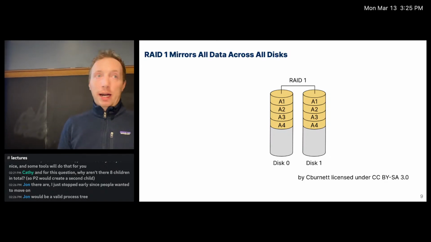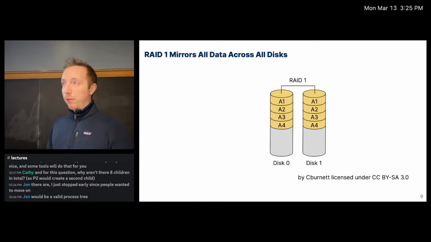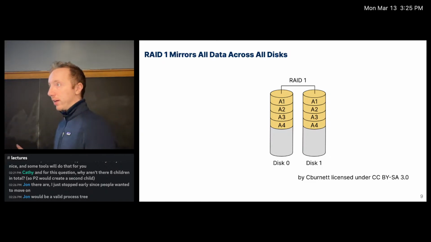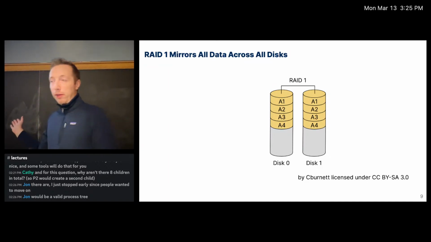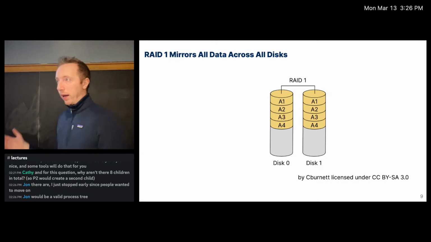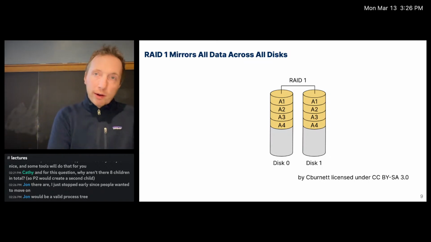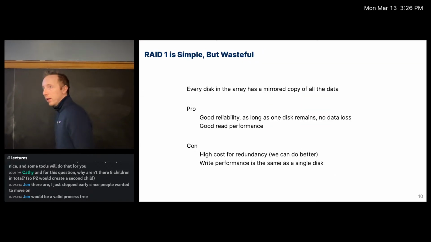But my write performance is the same as a single disk because if I need to write this file, well, I have to write it to every single disk. I could write it to every single disk in parallel, theoretically, so it would be just as fast as one disk and I get no speed improvement whatsoever, but it also doesn't really go slower.